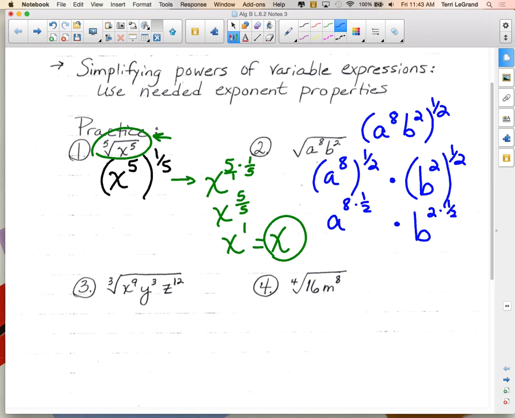Okay, what's half of 8? 4. So this becomes a to the 4th. And what is half of 2? 1, so that becomes b to the 1st. And that cleans up to what? A to the 4th, b.